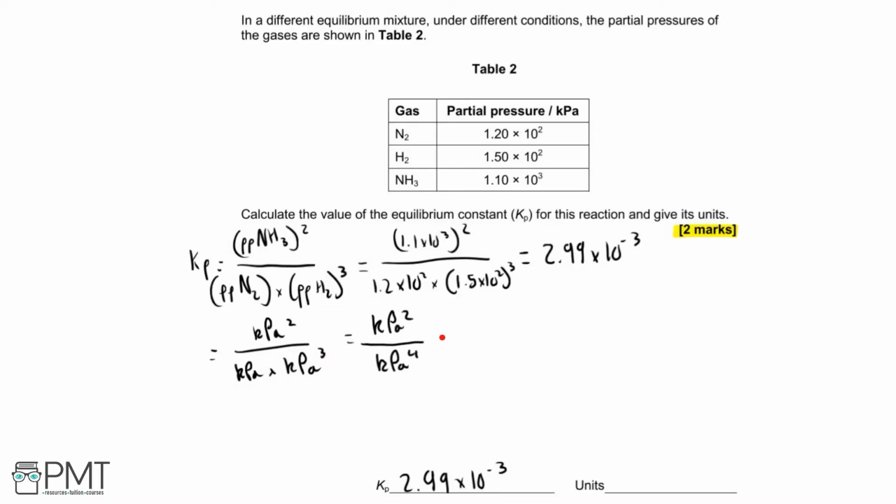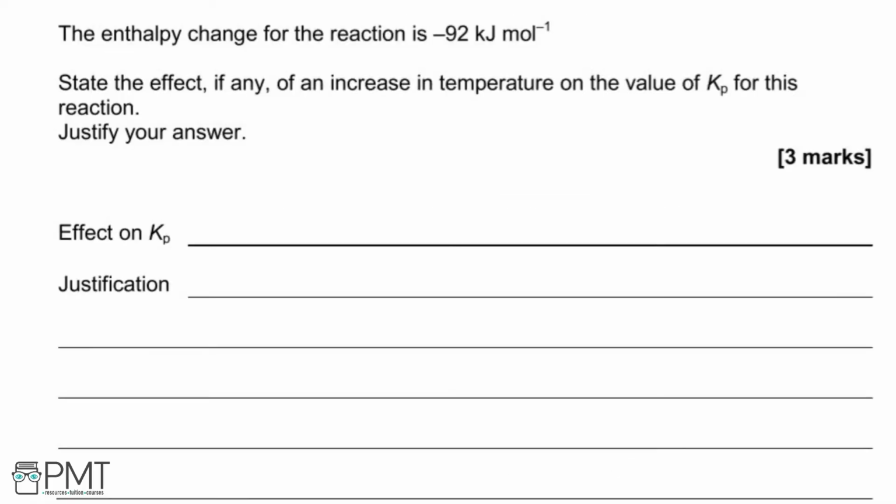However, now we are dividing these same units, so we are going to subtract the indices. So kilopascals squared divided by kilopascals to the 4 is going to be kilopascals to the power of 2 minus 4, which is going to be to the minus 2. So we can write into our answer kilopascals to the minus 2 for our units. So we will have 1 mark for this value and 1 mark for these units.